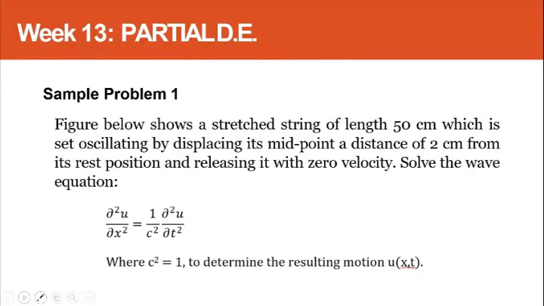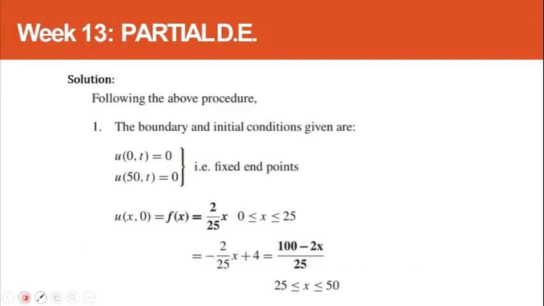So, this is the equation we will use for sample problem number 1. And as a step-by-step process, first we need to know the boundary and initial conditions. Based on our boundary and initial conditions, we have u(0,t) equal to 0 and also u(50,t) equal to 0, which are our fixed endpoints.